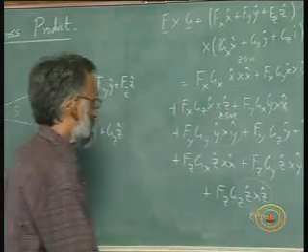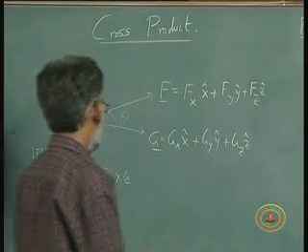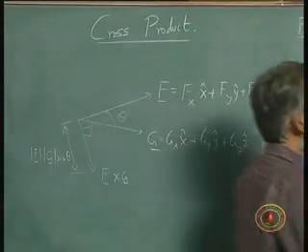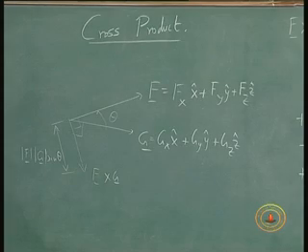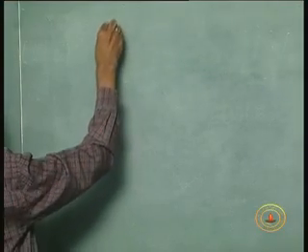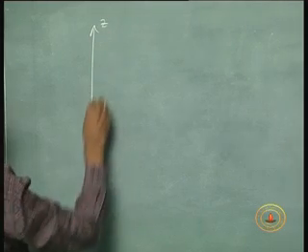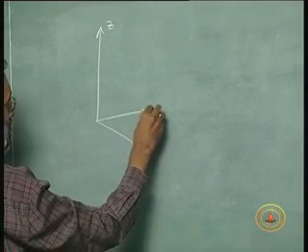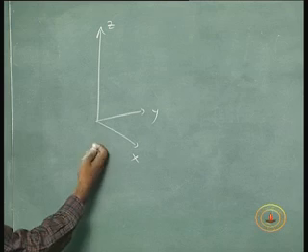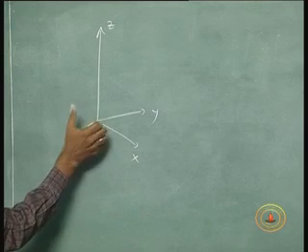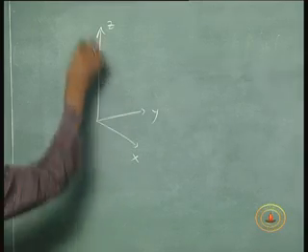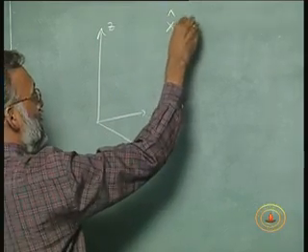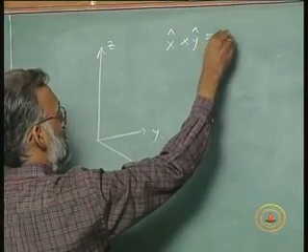Now, what about x hat cross y hat? Well, let us draw the coordinate system. If I use my right hand rule and try to turn a screwdriver from x to y, I point along z. So, I have x hat cross y hat equals z hat.